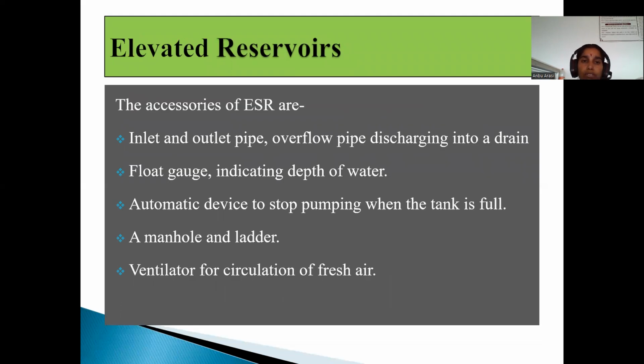The accessories of an elevated reservoir are inlet and outlet pipe, overflow pipe discharging into a drain, float gauge indicating depth of water, automatic device to stop pumping when the tank is full, a manhole and ladder, and a ventilator for circulation of fresh air.